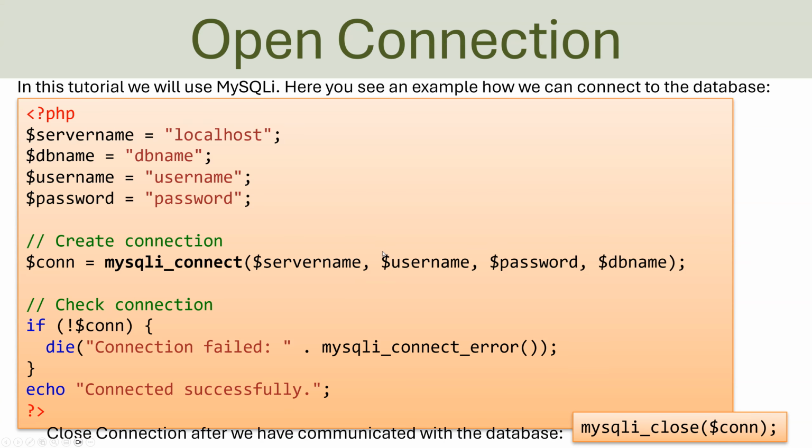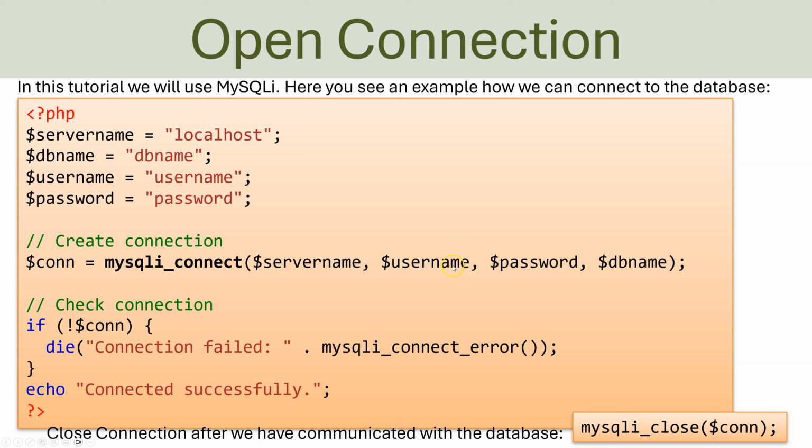So the first thing we need to do is to connect to the database. So here is some PHP code that you can use in order to connect to your MySQL database. So basically you need to use this built-in function in PHP, mysql_connect, and then you need to specify the name of your server, your username, password, and the name of your database.